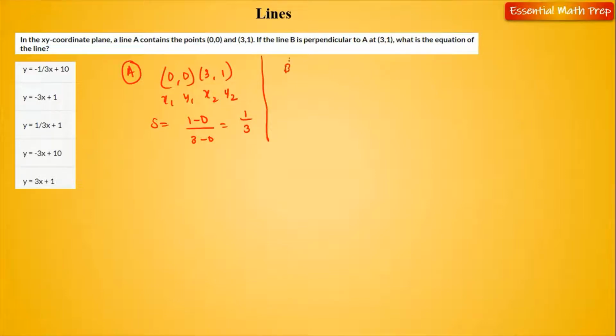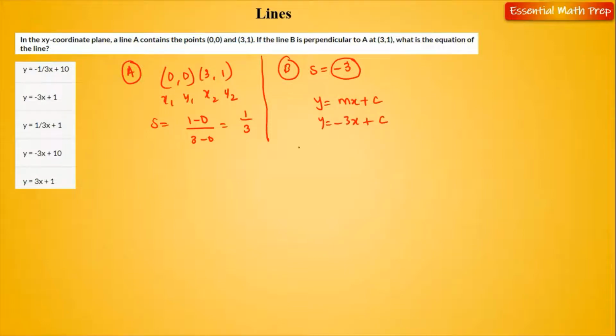Because we know for a fact line B is perpendicular to line A, the slope of line B would be the negative reciprocal, which implies slope equals negative 3, right? So let's write our new equation for line B: y equals mx plus c transforms into y equals negative 3x plus c.